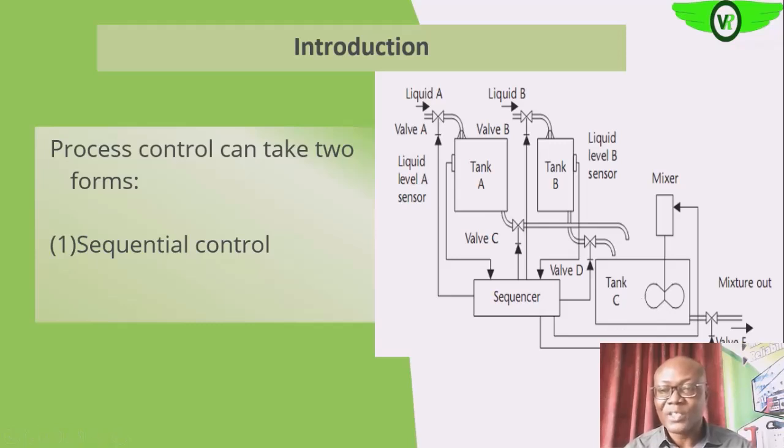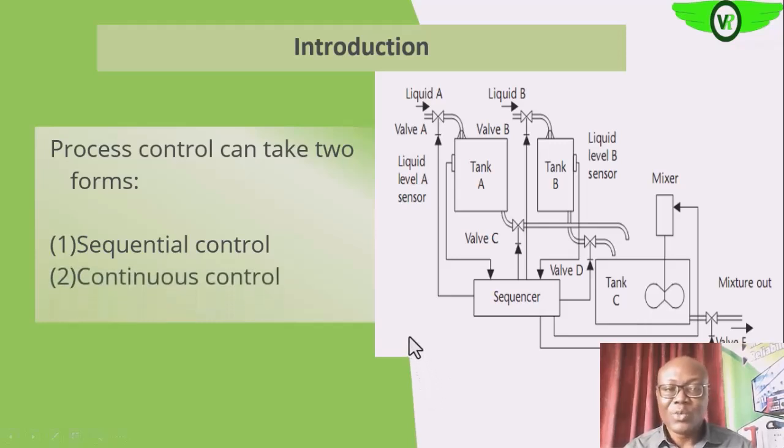At the end of it, we can now have our mixture out, that is the product from this step. So if this step is not complete, or this step is not complete, we cannot come to this step. So it is a sequential control system. A and B must be complete before we can move to C.